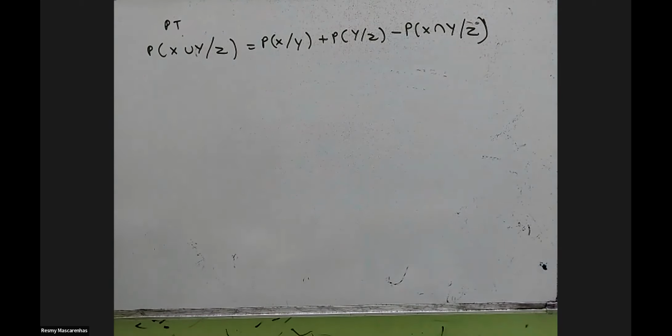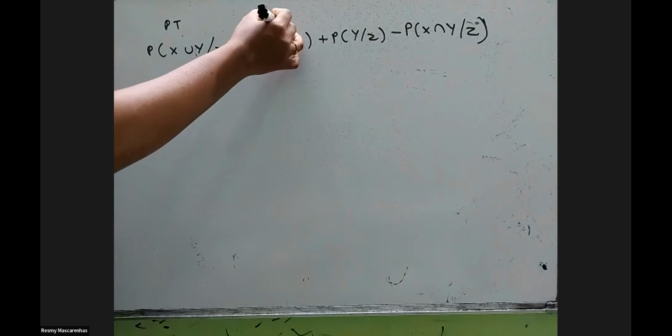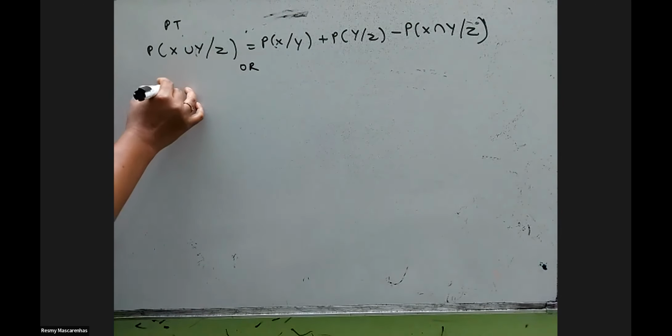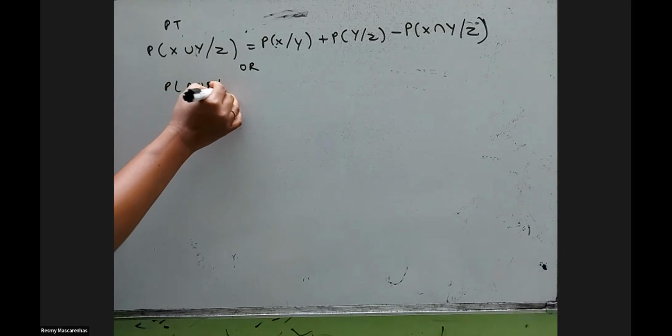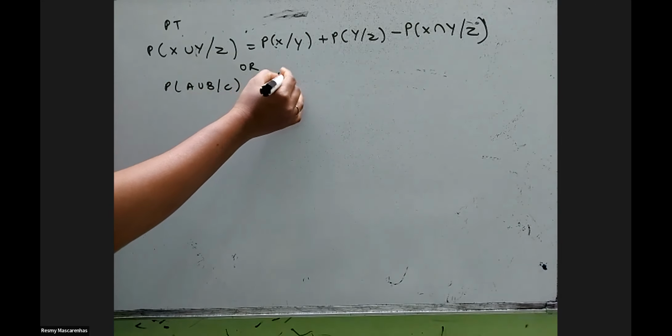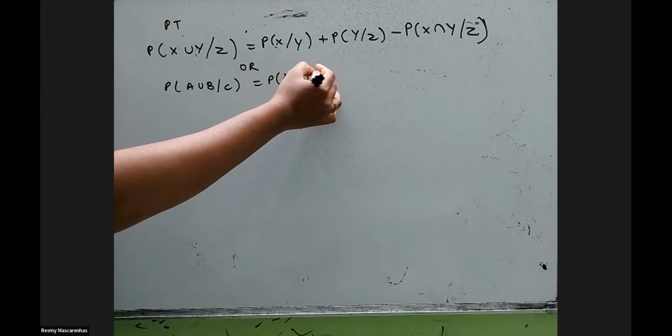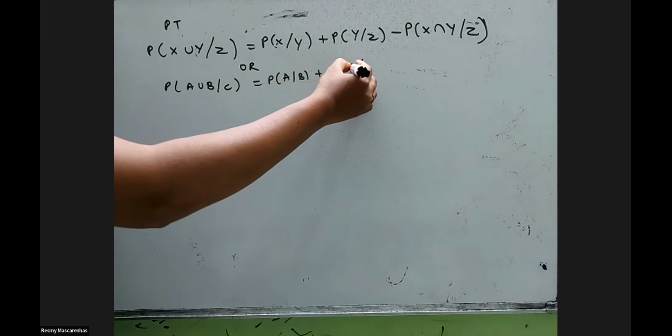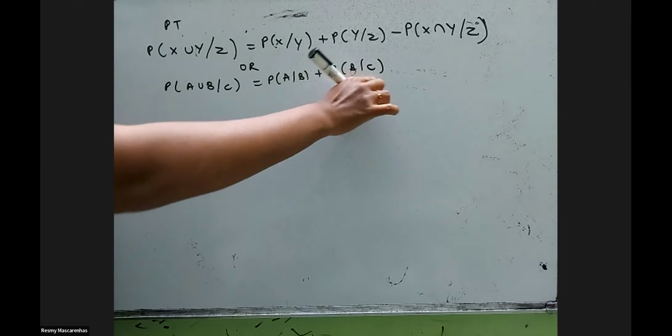So instead of X, Y and Z, it could be A, B and C also. You can try later when you're practicing with these letters.